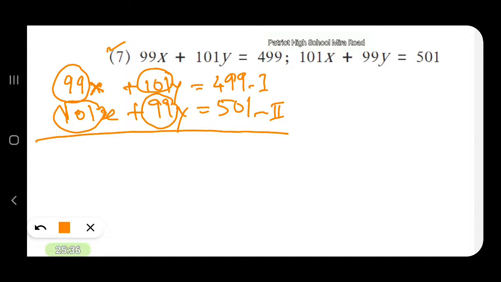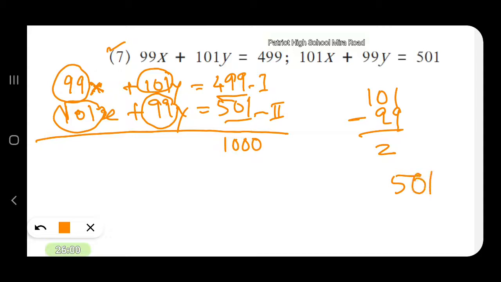And if we add these two constant numbers, the numbers on the right, we have 1000. And the other thing is that if we subtract one from the other, 101 minus 99 will give you 2, and 501 minus 499 will also give you 2. So this is the logic.